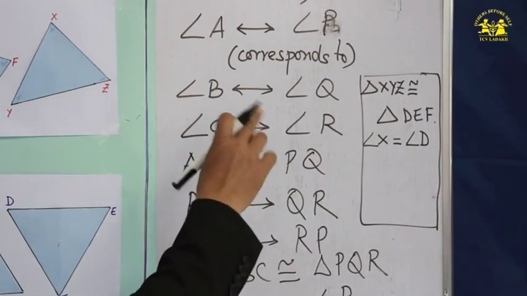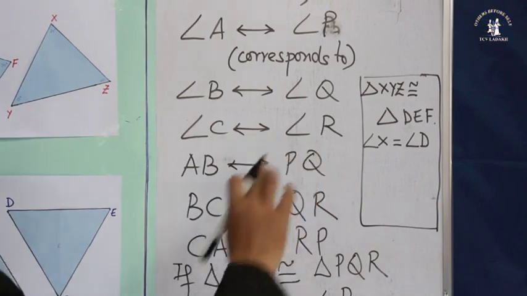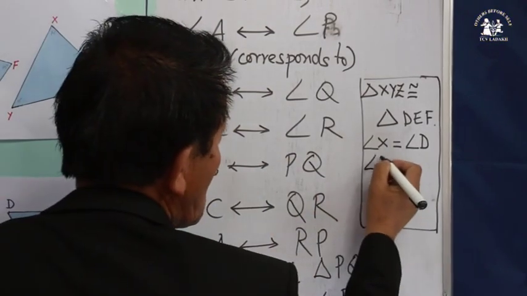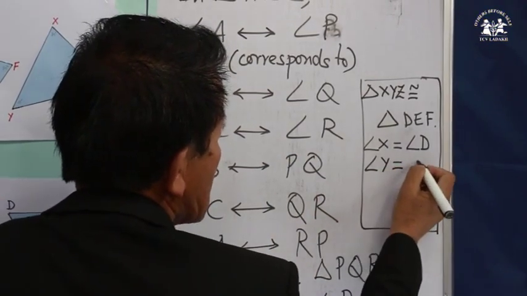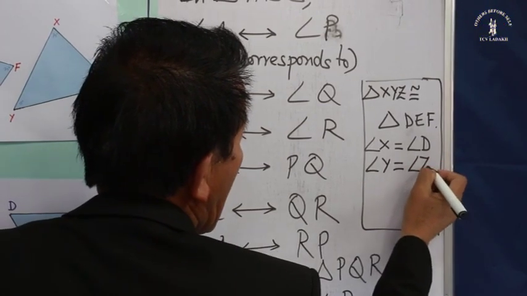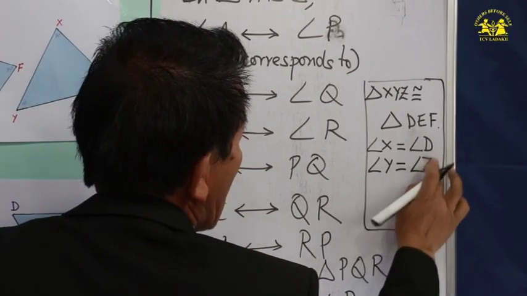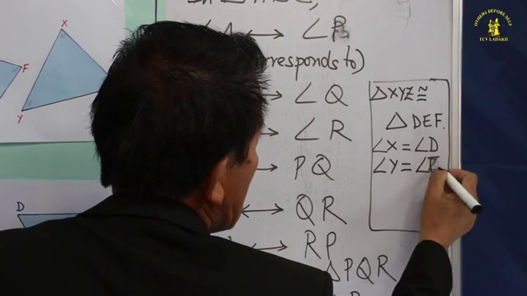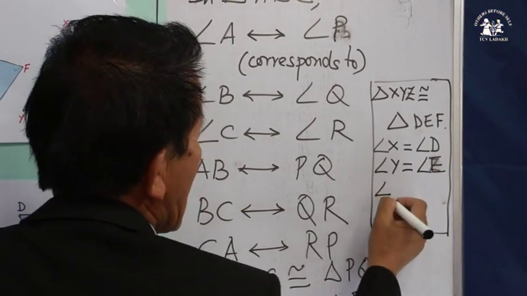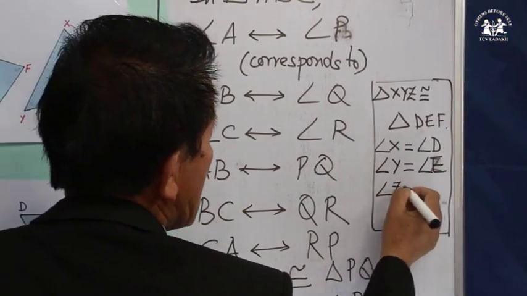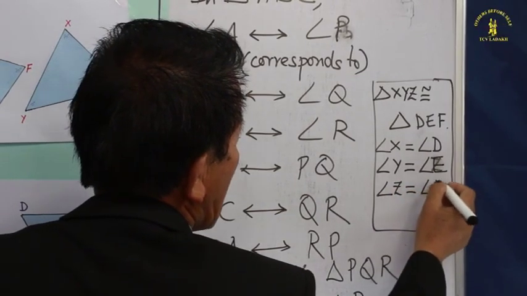And since these two triangles are congruent, they should be equal. And then angle Y is equal to angle E, the second angle, and angle Z is equal to angle F.